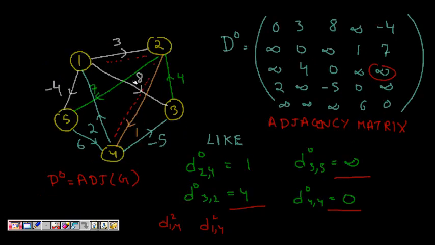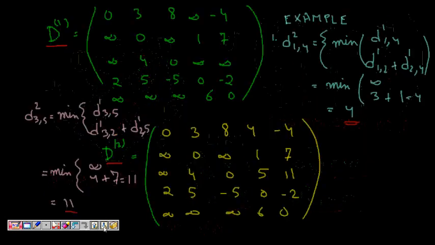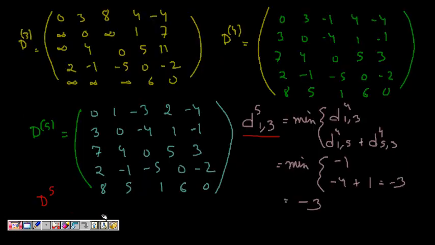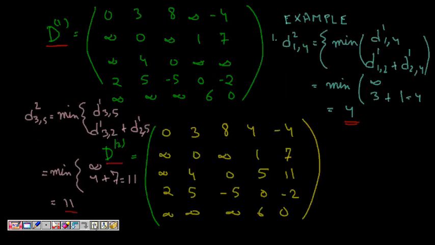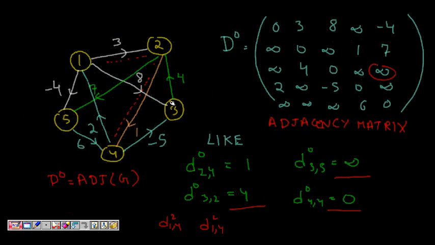So D1 to 3. I have to go from node 1 to node 3, and I can use all the intermediate nodes 1, 2, 3, 4 and 5. So I can go from 1 to 3 directly. I can take some intermediate nodes, like I can go from 1 to 2, then 2 to 5, then 5 to 4 and then 4 to 3.